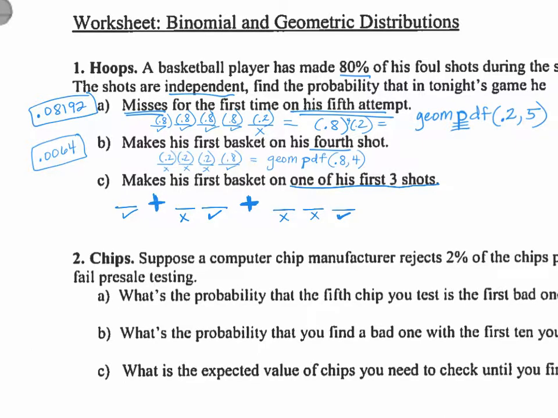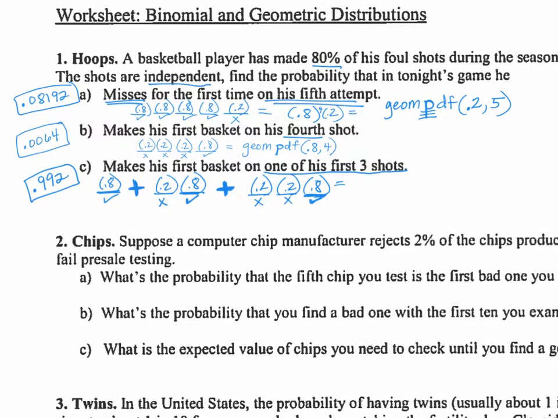Now, let's see, that would look like all of this fancy numbers. You'd have these 3 products added together. And when you do that, you get 0.992 as your answer. But let's have a little discussion about a shortcut way to do this. You are accumulating a success in the 1st or the 2nd or the 3rd spot.